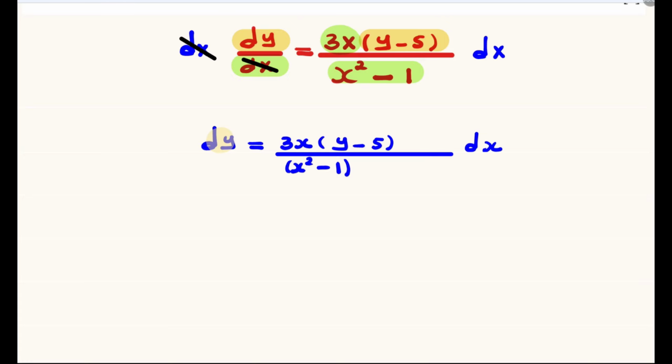Remember that on the left hand side we have to have the dy grouped with the y minus 5, so let's divide both sides of the equation by y minus 5.